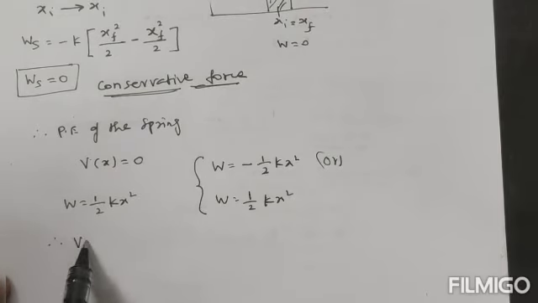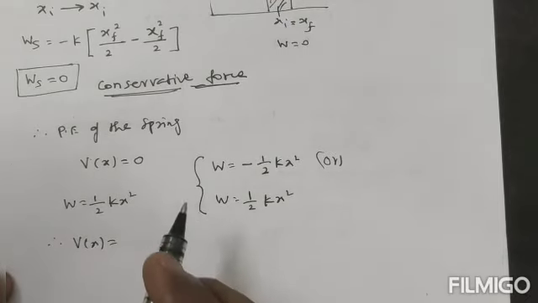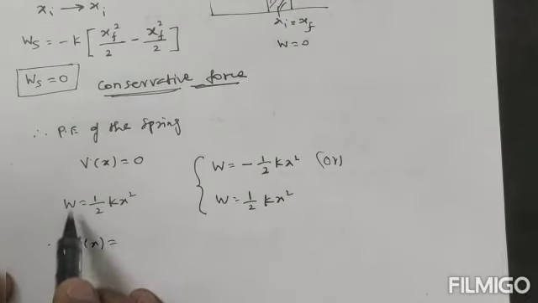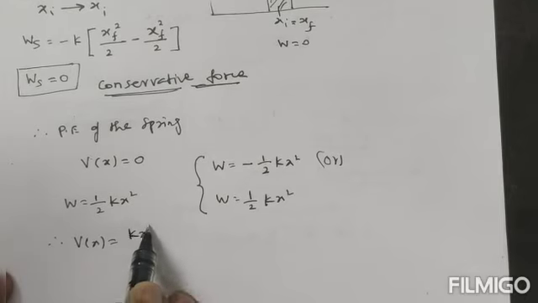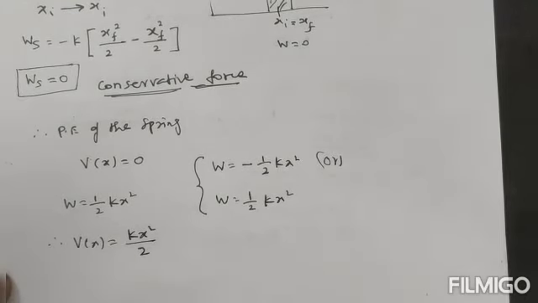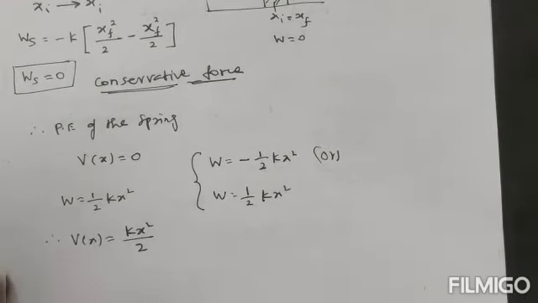Therefore V of x, that is the potential formula, will be the same. So we take 1 by 2 kx squared, that is kx squared divided by 2. Therefore I'm going to derive that conservative force, that force only I'm going to calculate.